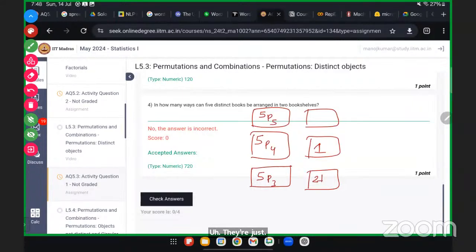Yes, sir. So this way, this is 2 into 120, this is 2 into 120. 5P3 is 5 factorial divided by (5 minus 3) factorial, into 3.